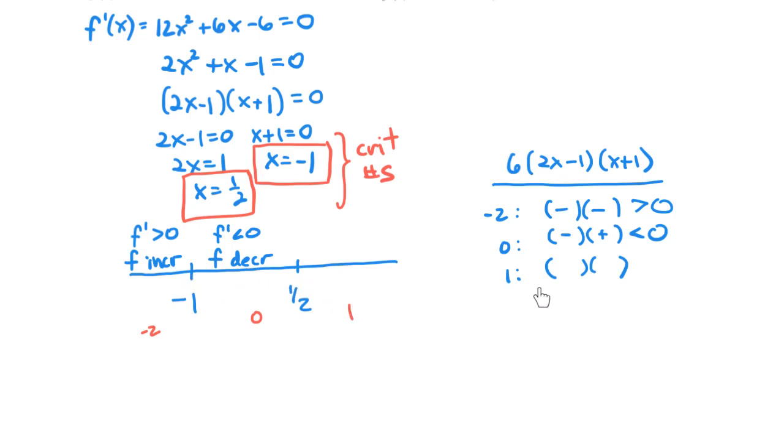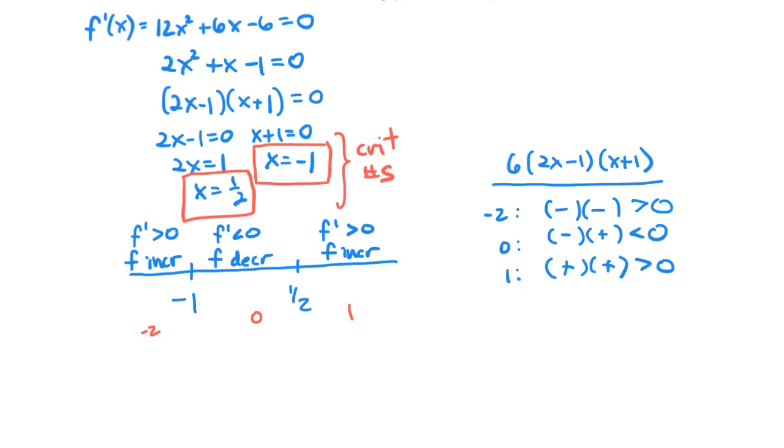So to figure out this last one, I plug in 1 here. If I plug a 1 here, I'm going to get a positive number here. Plug a 1 here, I get another positive. So we get positive times positive, which is a positive greater than 0, which means the derivative is greater than 0 here, which means the function is increasing here.